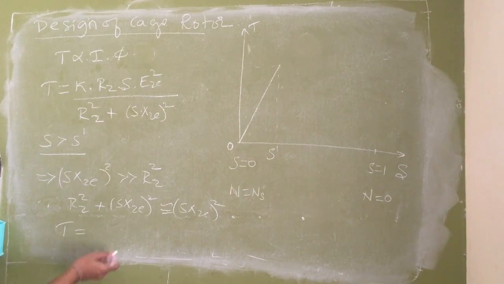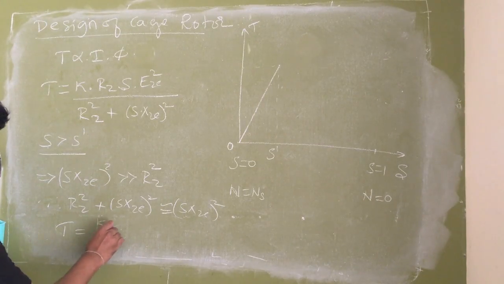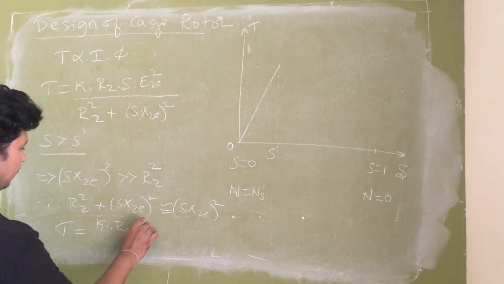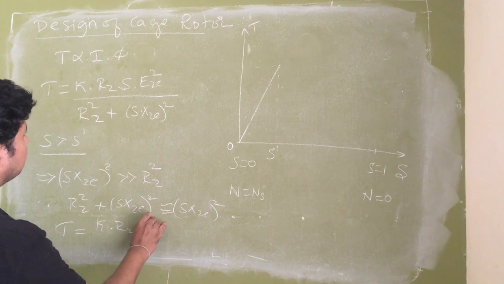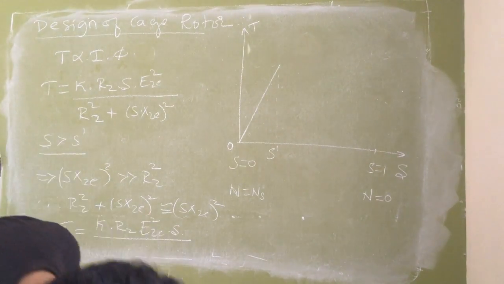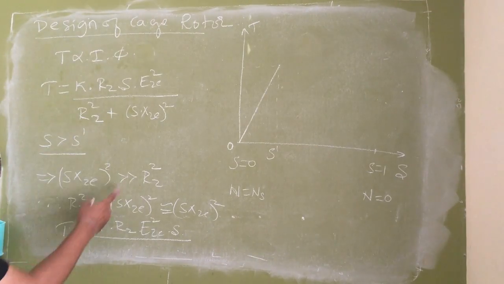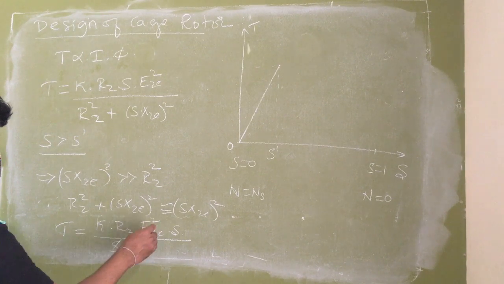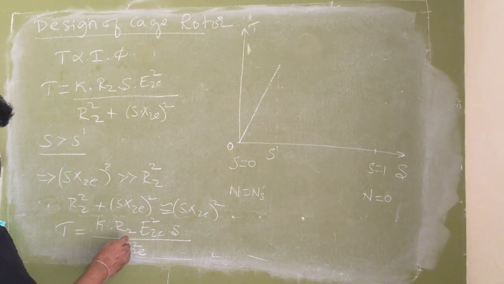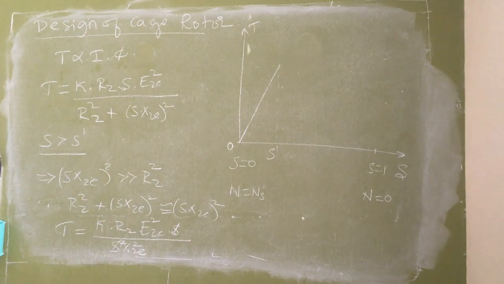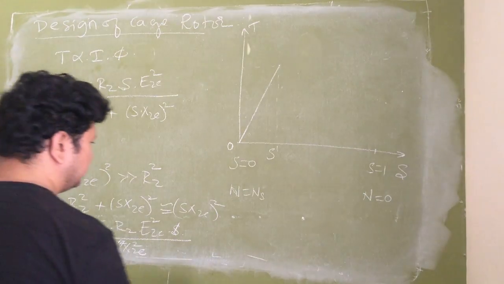Therefore my torque equation becomes K into R2 into E2E square into S divided by S into X2E square, where one S in the denominator and S in the numerator get cancelled out.